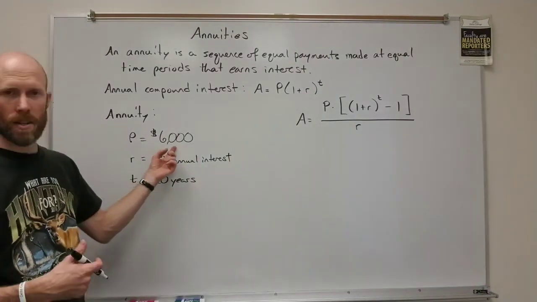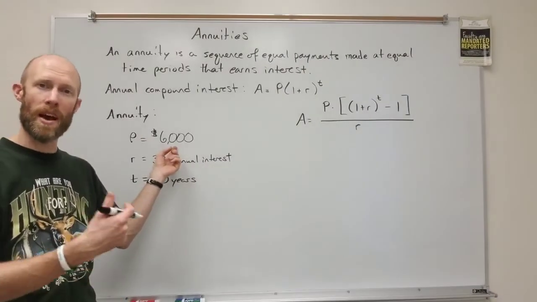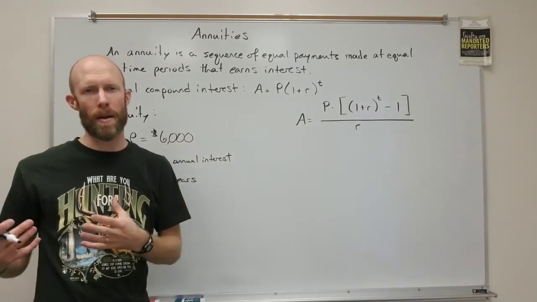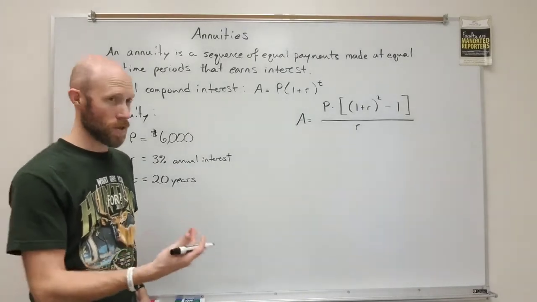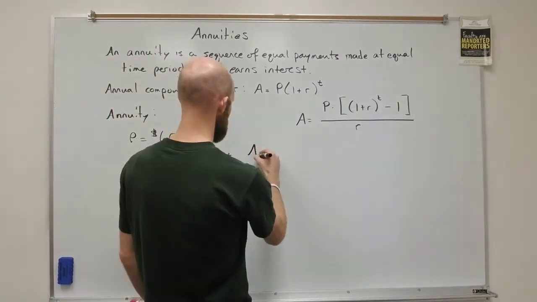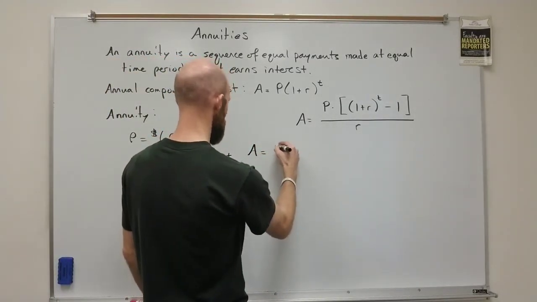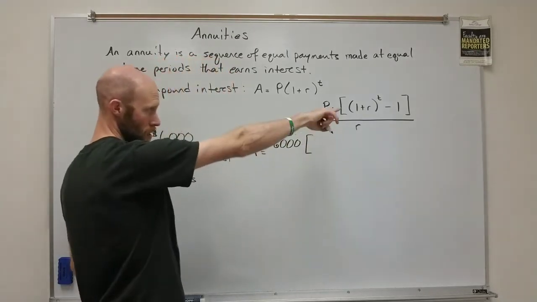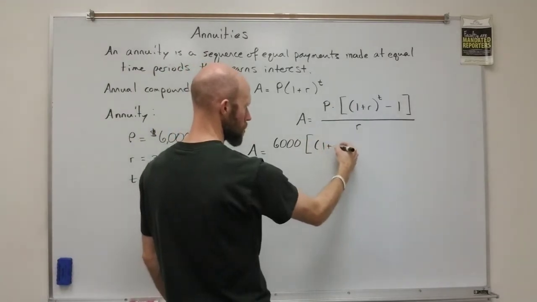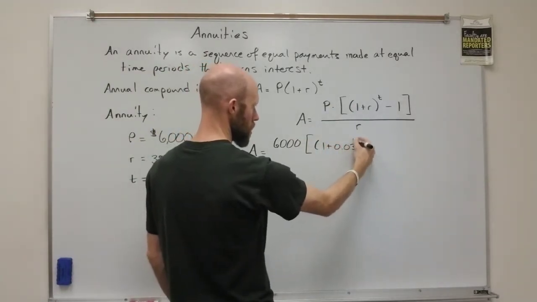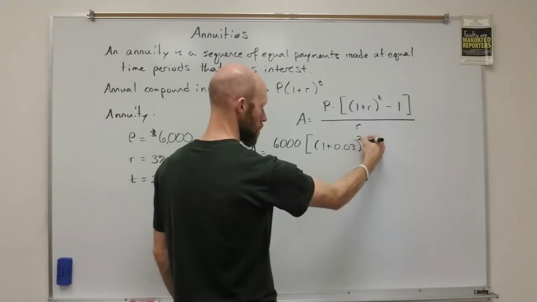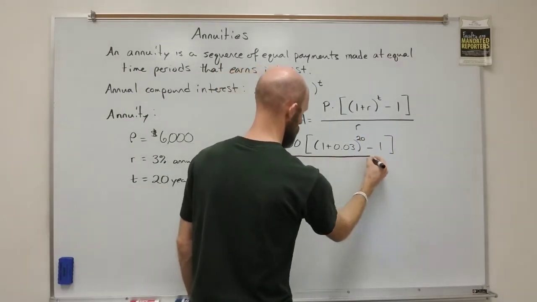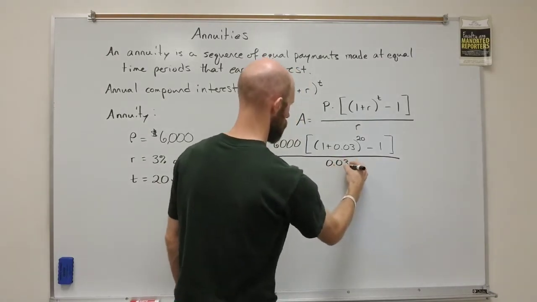So you're depositing $6,000 every year, and then you're earning interest on all that previous amount every year. And so to find that value, we calculate the $6,000 times this quantity, which is 1 plus 0.03 raised to the 20th power minus 1, and then all divided by 0.03.